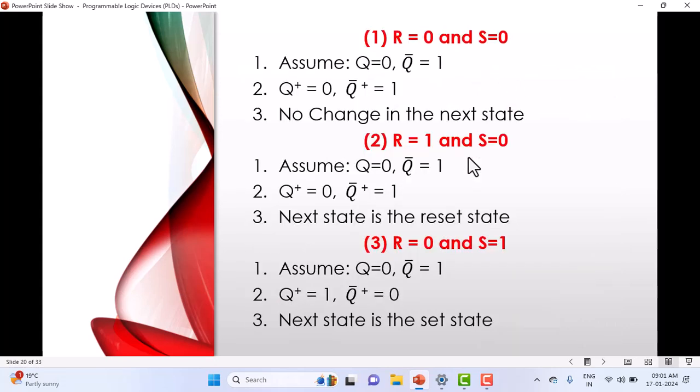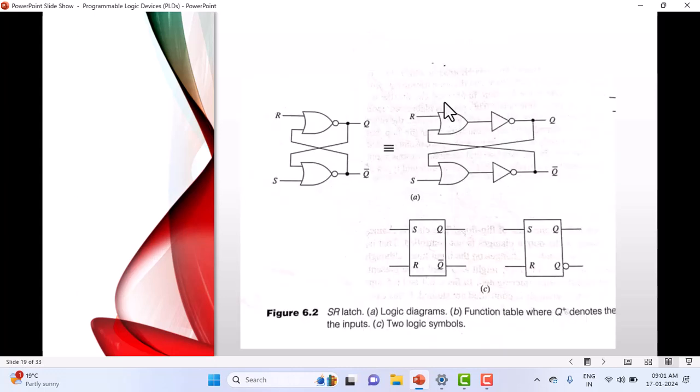And I have explained all the combinations here. I suggest you go through each of these combinations. In some slides I have just worked out the circuit itself to make you understand very well. Look at this first one here. Q is equal to 0. First, let's assume the input we are applying, R is 0 and S is 0. And I'm assuming that Q is 0, Q bar is 1. And what we expect from the output, you can just guess here.